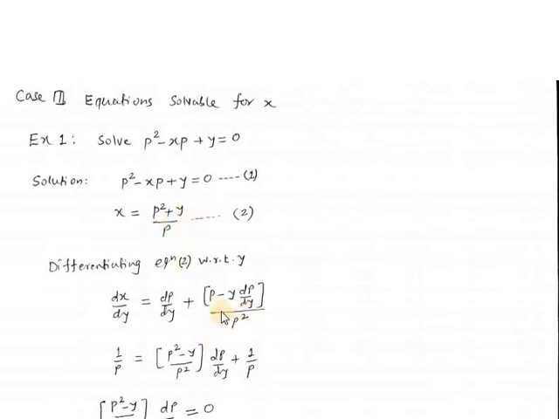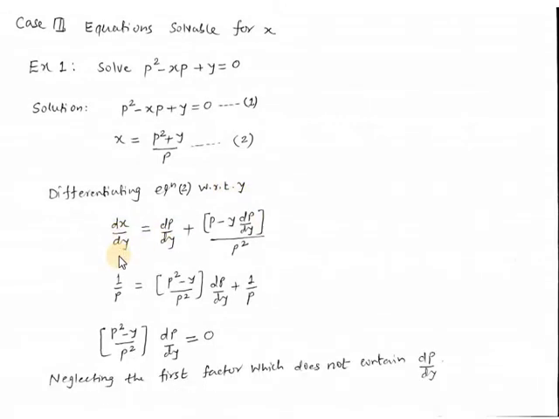According to that, denominator square, so p square, and the denominator is constant, so p is constant, then the derivative of the numerator, the derivative of y with respect to y, will be 1, minus numerator constant, so y constant, and the derivative of the denominator, so here dp by dy, because we have to take the derivative of p with respect to y.